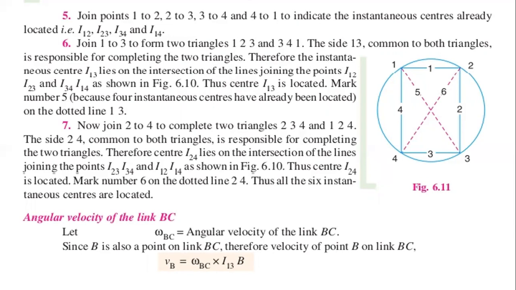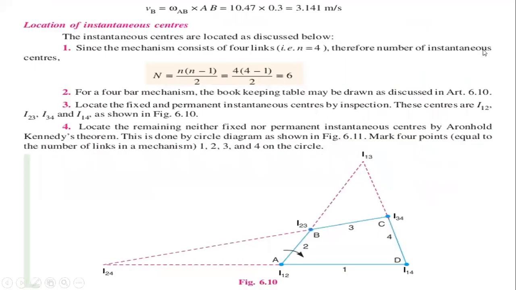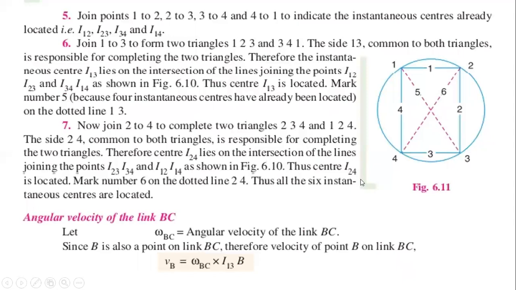Since B is also a point on the link BC, the velocity of point B on link BC is taken as velocity of B equal to angular velocity of BC into I13 B, that is the distance of the instantaneous center I13 from point B.